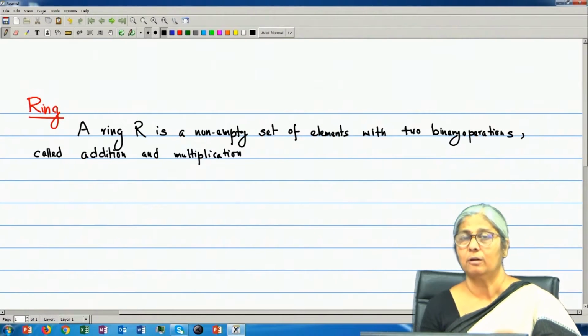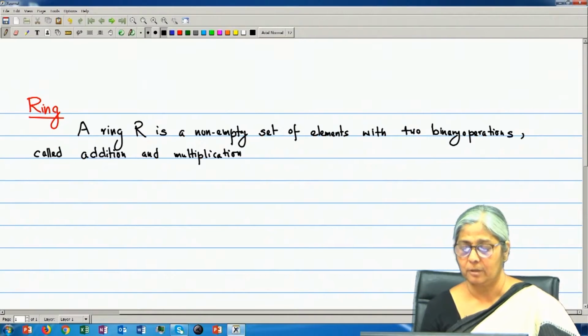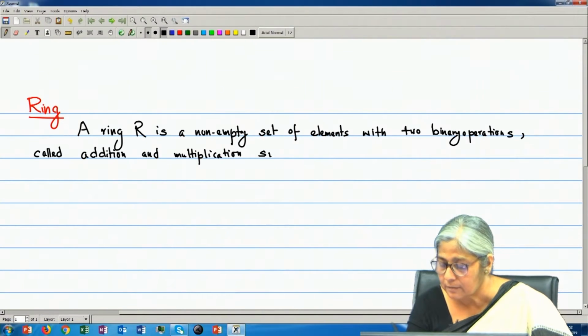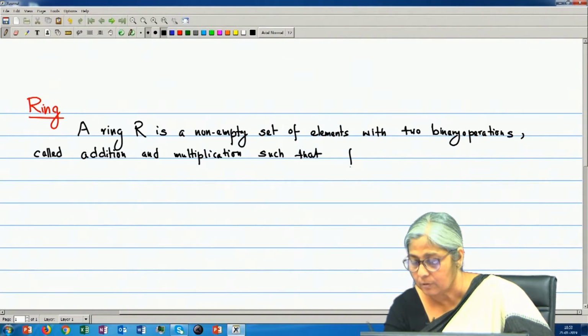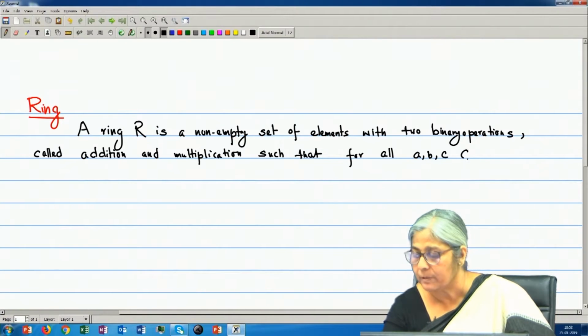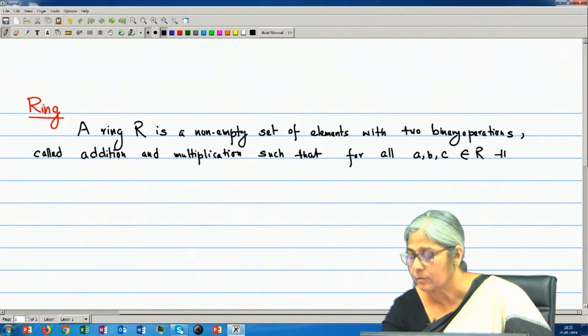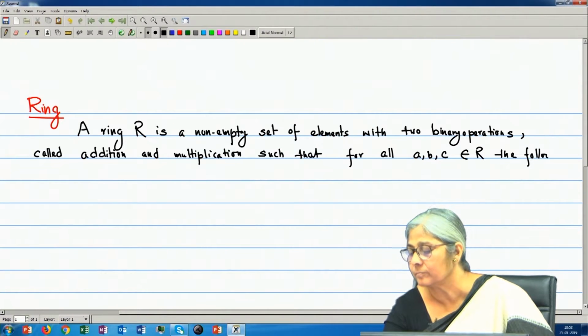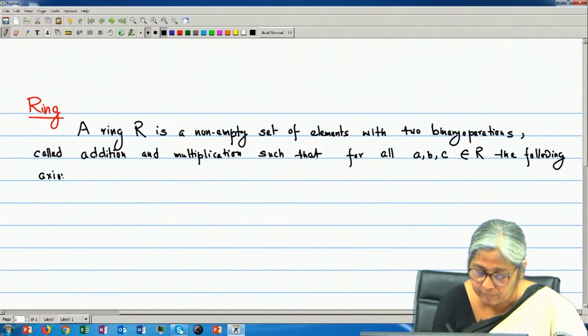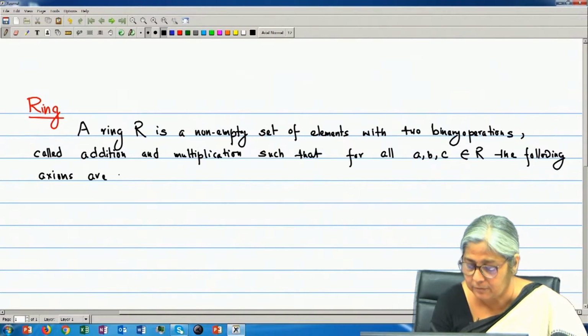There can be two different operations, but normally we call them addition and multiplication, such that for all elements A, B, C belonging to R, the following properties are satisfied.